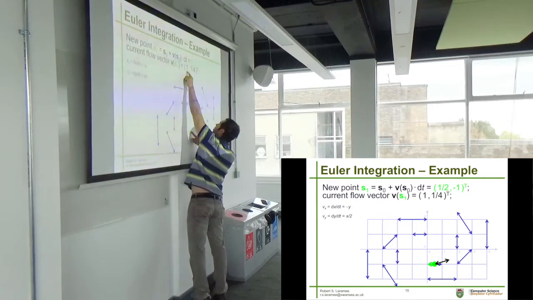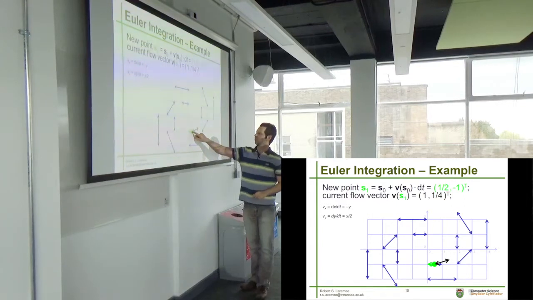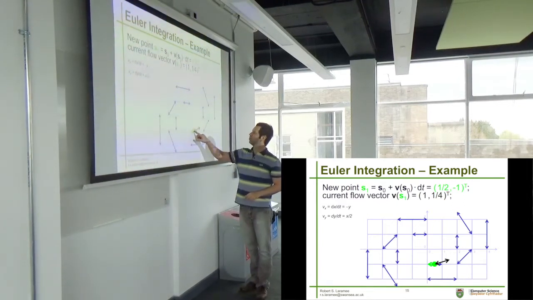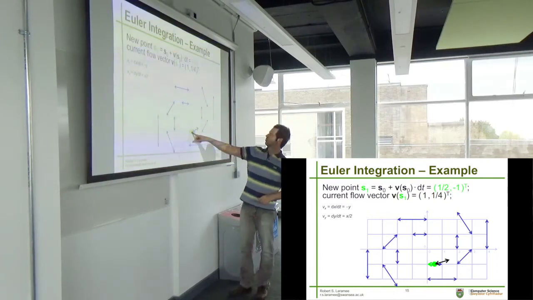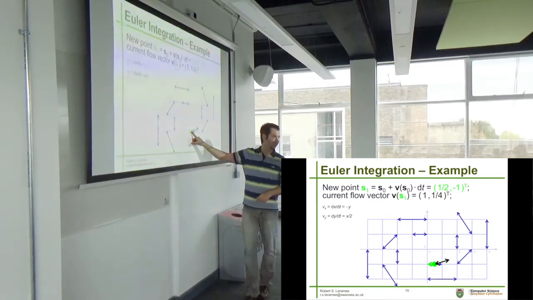And there's our 1. This is the velocity at the new point. Now to get the y component of the velocity, we need to take x. X in this case is 1/2. Oh, I'm sorry. It's 1/2.